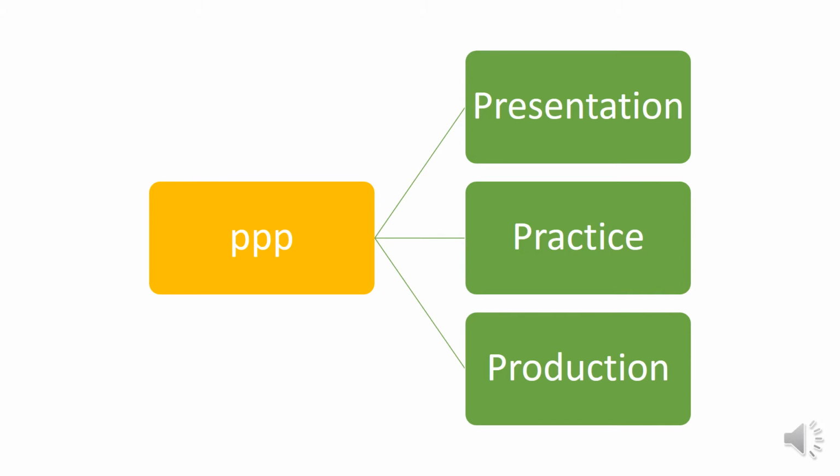Many study activities depend on the PPP method, which includes presentation, practice, and production. This method encourages students to discover or notice language before we ask them to use it.